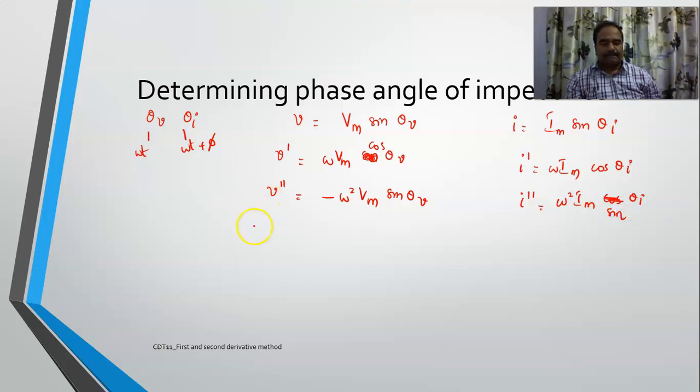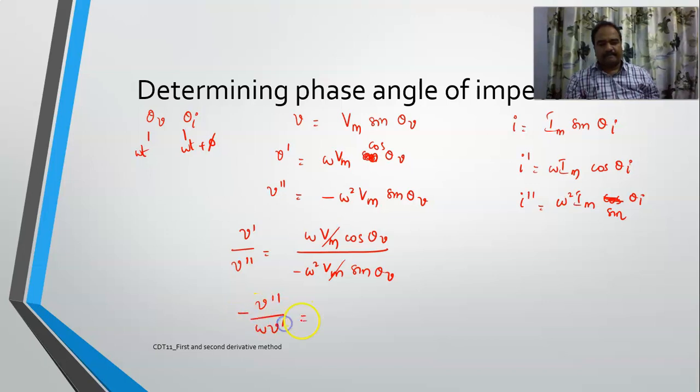Now, if you carefully see, V dash by V double dash, if I inverse this one, omega Vm will go out. So if I inverse and write it, minus V double dash by omega V dash is equal to sine theta V by cos theta V, which is tan theta V, right?